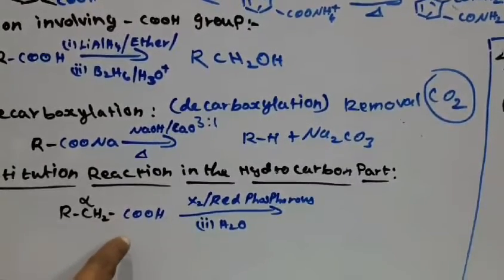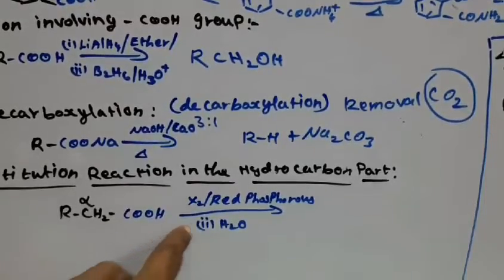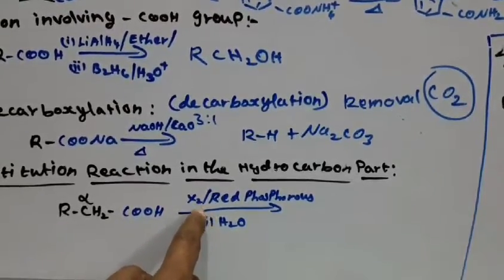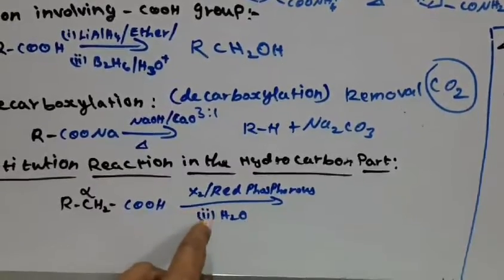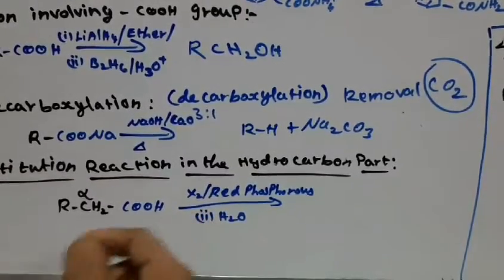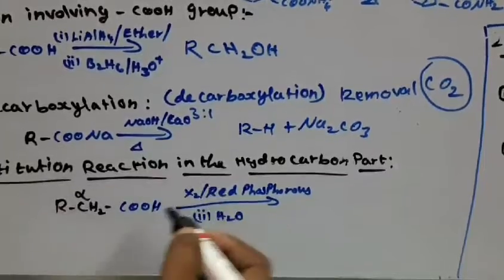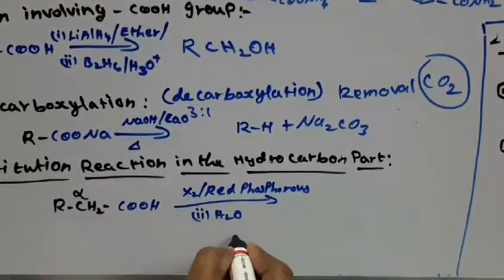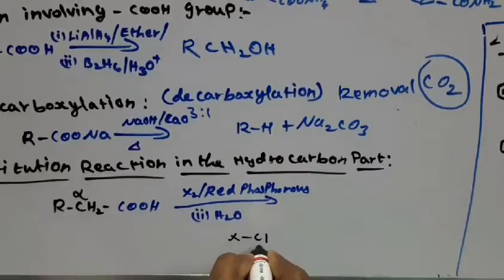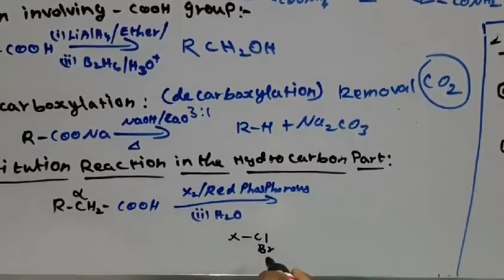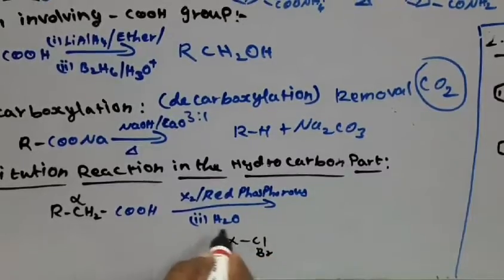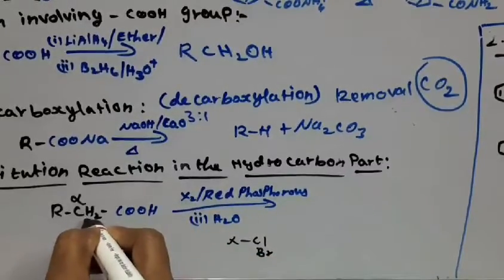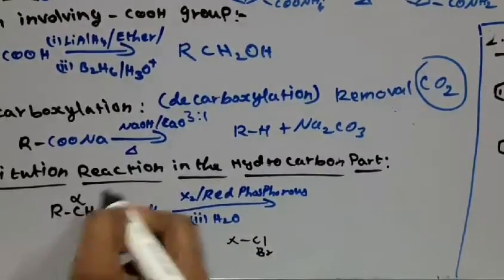The carboxylic acid reacts with halogens in the presence of red phosphorus, followed by hydrolysis, to form alpha-halo acid, because the halogen X, which may be chlorine or bromine, bonds at the alpha position.